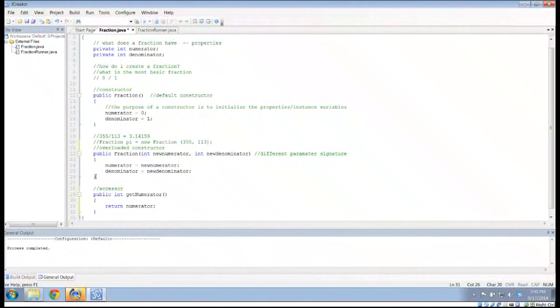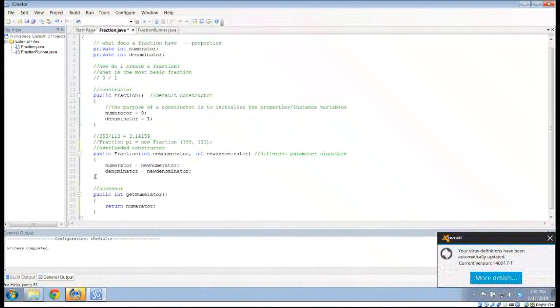Something very important to know is that Java passes these primitives by value, not by reference. So you don't know where in memory my numerator happens to be located.